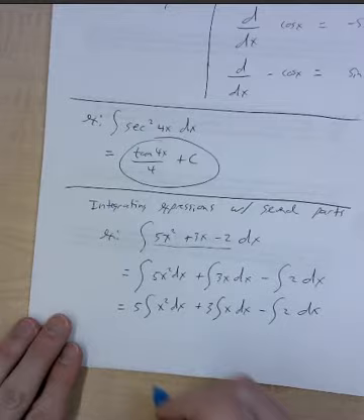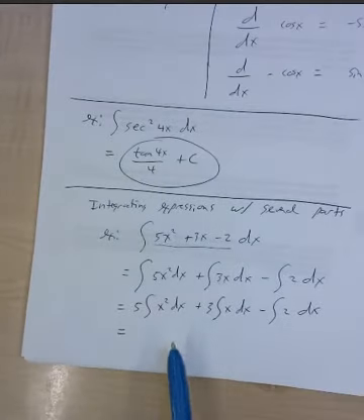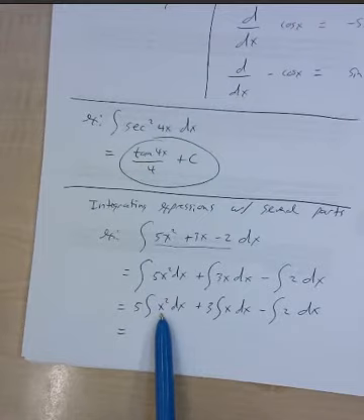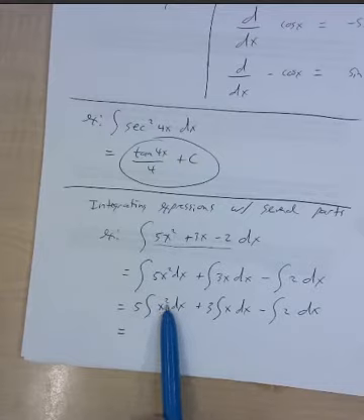Okay, so from last week, when we integrate x squared, what do we have to do? You have to add 1 to the exponent and divide by n plus 1. Right, add 1 to the exponent and divide by the new exponent.